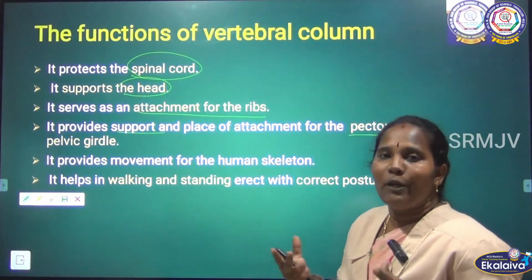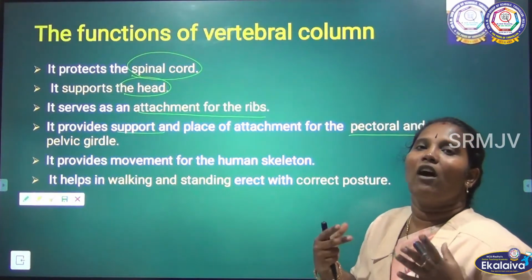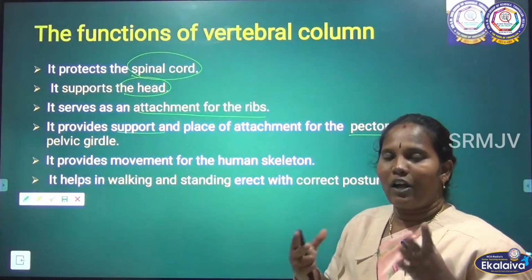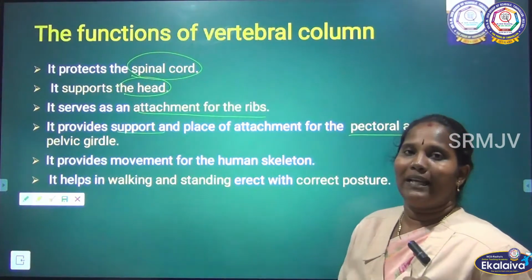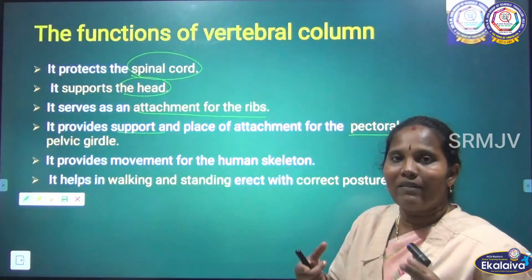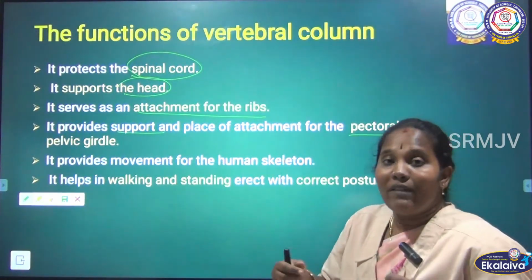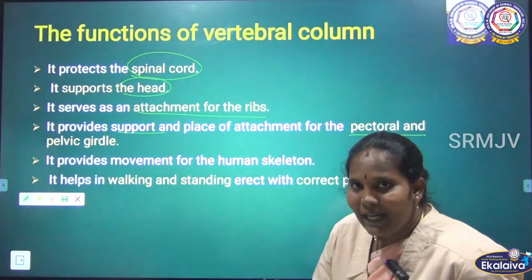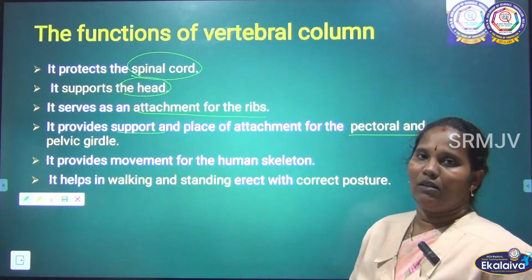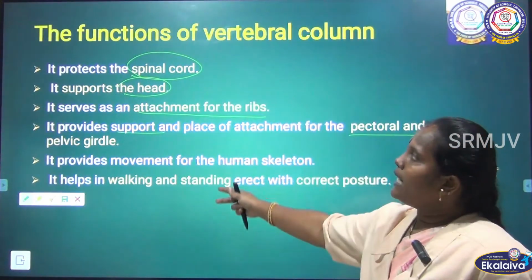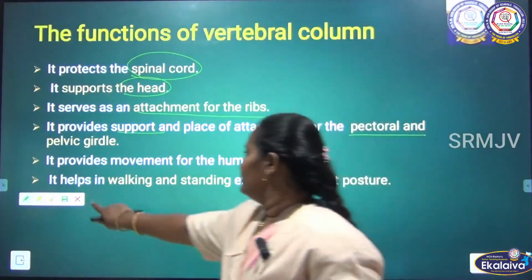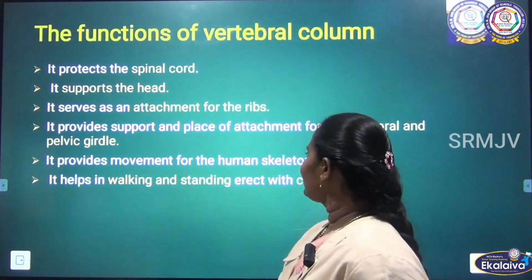If we have any problem in our backbone, we cannot stay erect. We cannot sit continuously, we cannot walk properly. Suppose somebody has a backbone problem, they cannot walk erect; they bend and cannot walk. Is it or not? So this is the help of the vertebral column for us.